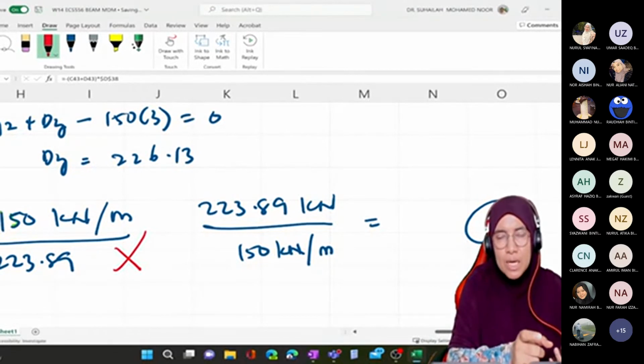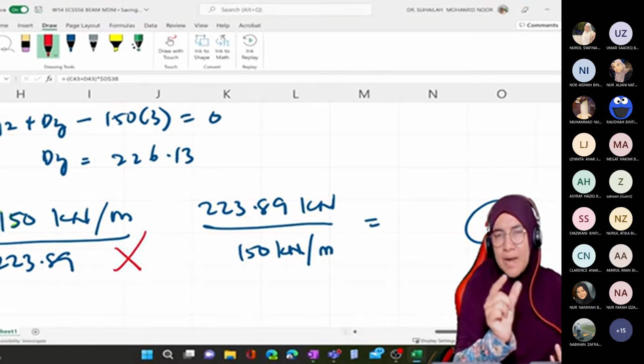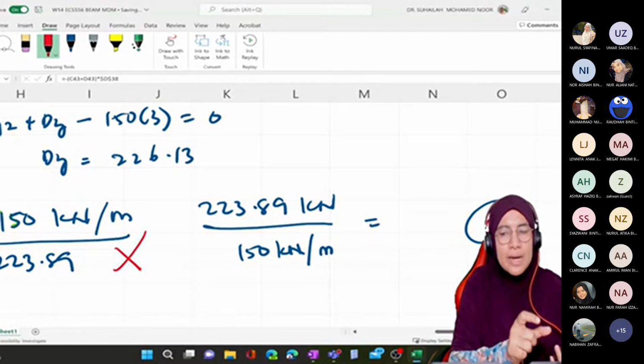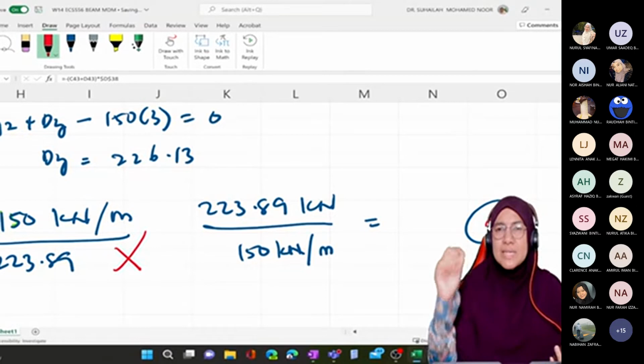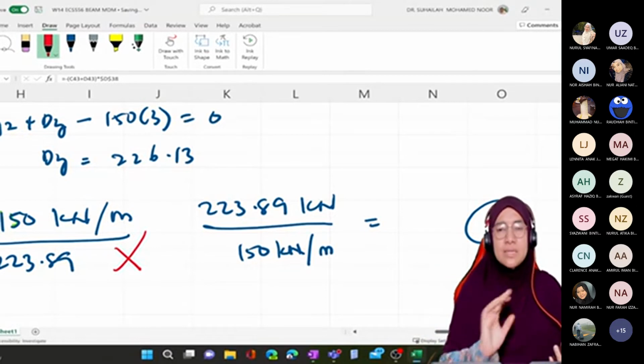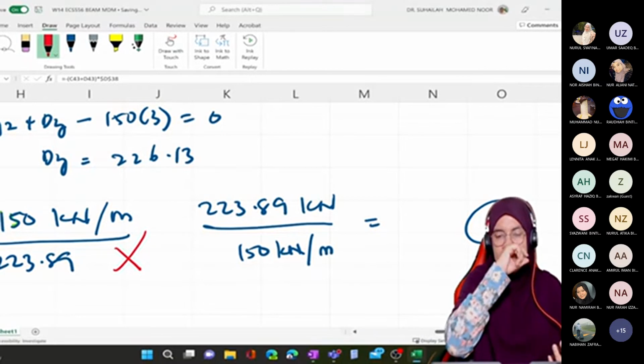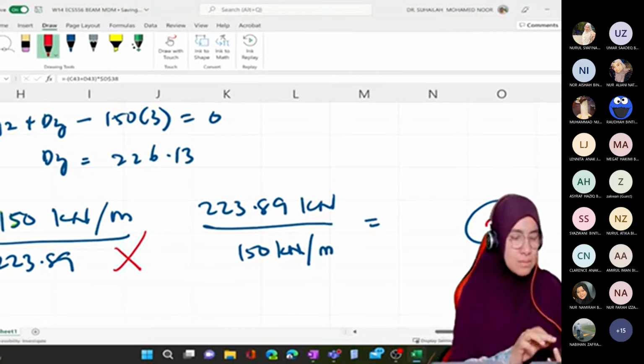Without the distance, we cannot determine the area of the triangle in the shear force diagram. So how to get the distance? If you don't remember the detailed process, it is just as simple as this. We play with the unit. It is kilonewton divided by kilonewton per meter.